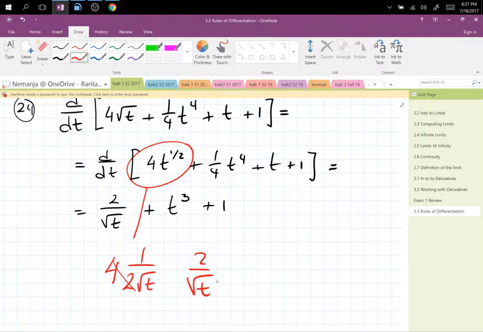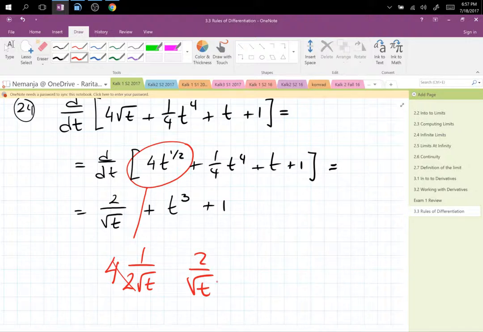You know that you're supposed to copy the 4, and then you will just multiply it with whatever this thing is. The same thing like here, 4 drops down in front to multiply a quarter, and that 4 cancels out. So we have no constant in front, this one. And then just 4 minus 1 is 3. And you have plus 1, and then 0.